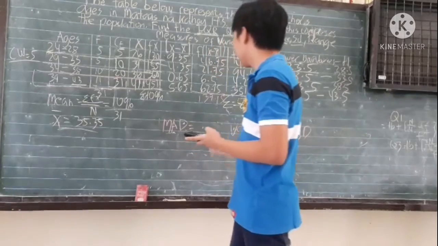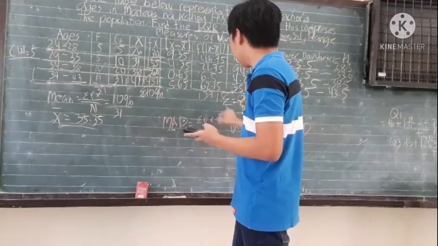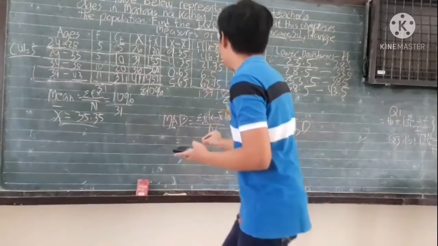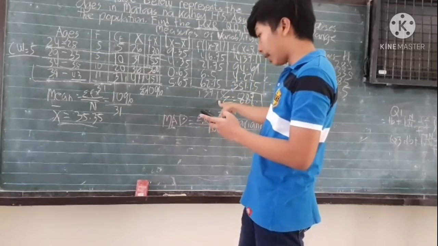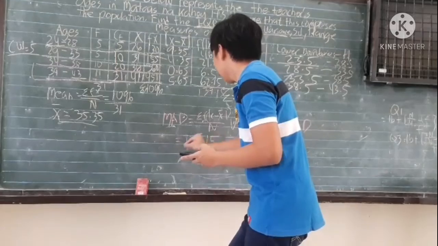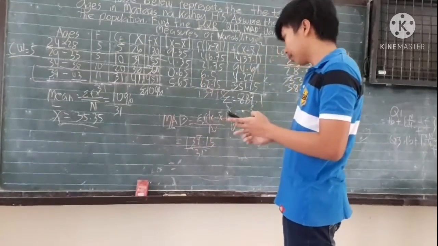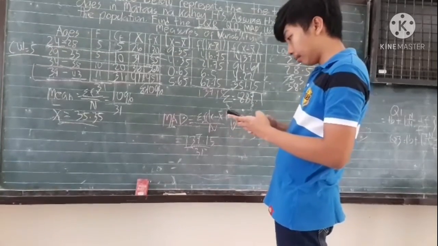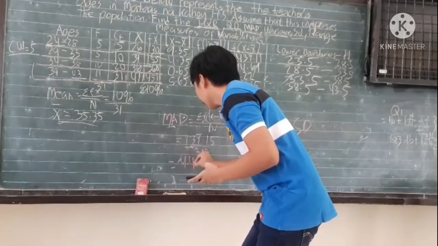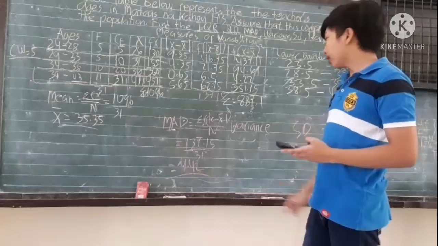So, summation of f times absolute x minus mean over n. So 137.15 over 31, 4.42. So this is our mean absolute deviation.